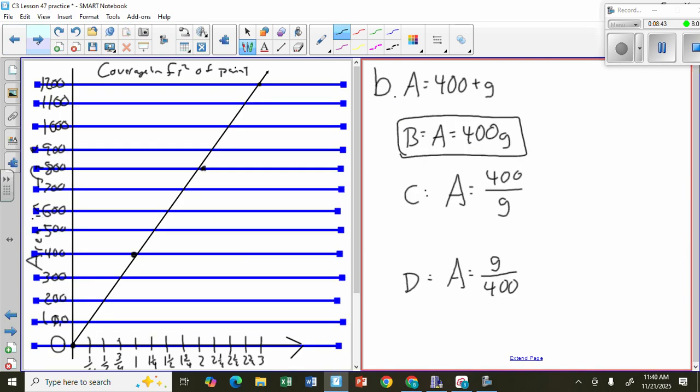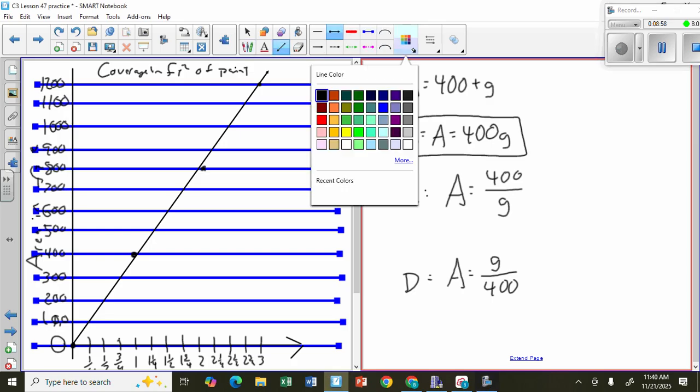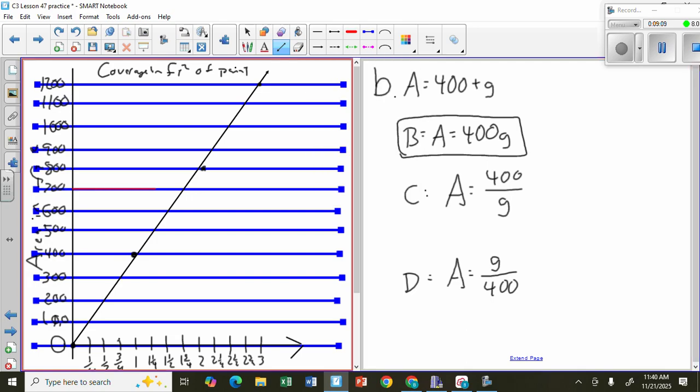How could I use the graph to get that same answer? So let's take a look at our graph and see what happens. Let's go with a red line right here. Okay, so I have a red line. If I want to paint 700 square feet, I'm going to start here at 700.